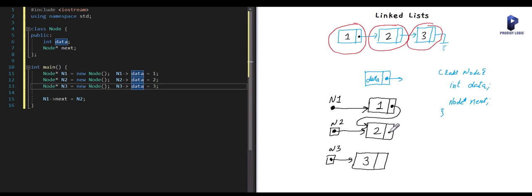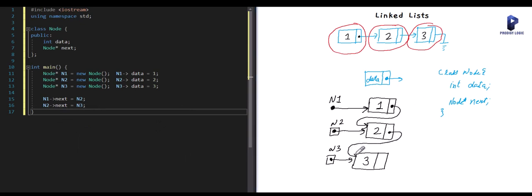Now if you want to make the connection from here to here, that means we want to set n2.next equal to n3. So we're going to do that here in the program. Once we make this connection, that means we connected node 2's next to node 3.